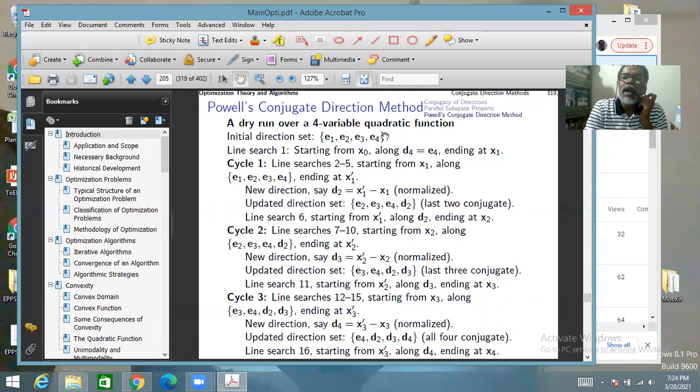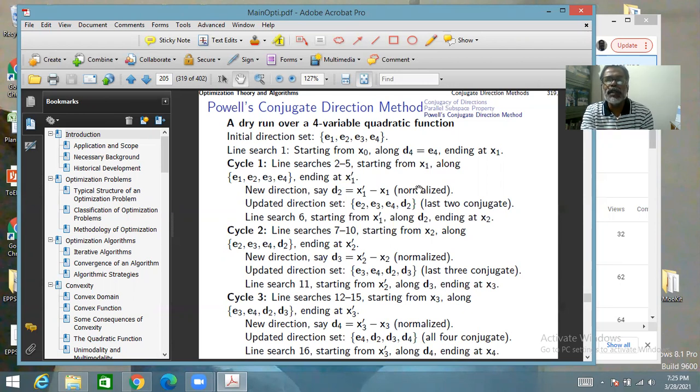And that ends at X1. In cycle 1, you would have conducted line searches along the current D1, D2, D3, D4, which happen to be E1, E2, E3, E4, ending at this point. And the new direction that you will get will be this.